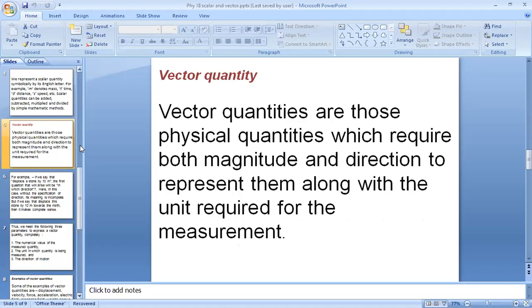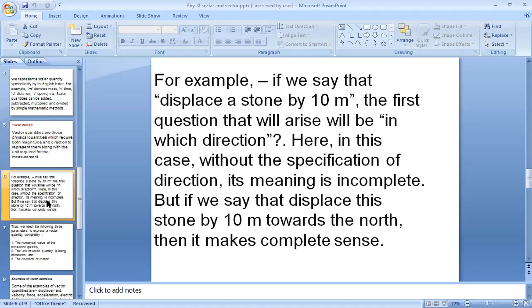I have given you the detail of this, and some examples I show here. If we say that a stone was thrown 10 meters, the first question that arises will be in which direction. Of course, if you throw a stone in the air, the question arises: is it horizontal or vertical, towards north, east, or west?